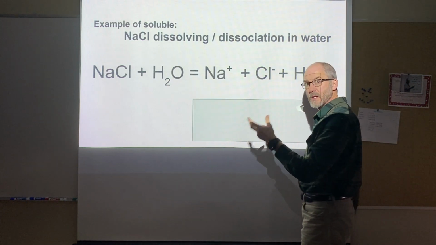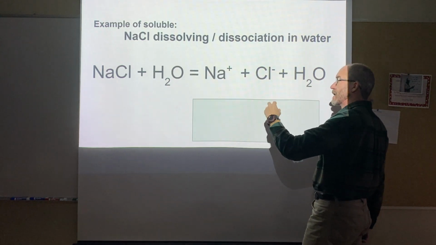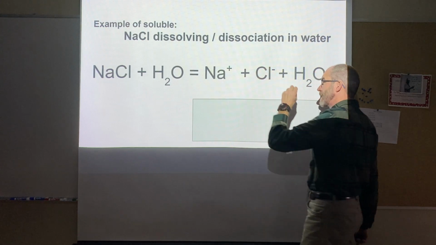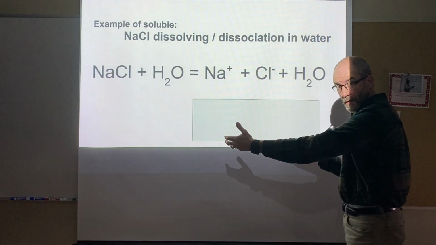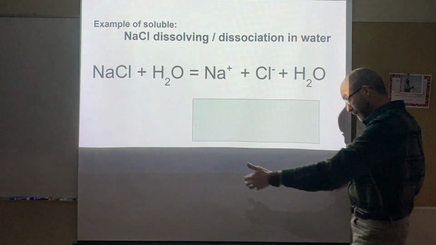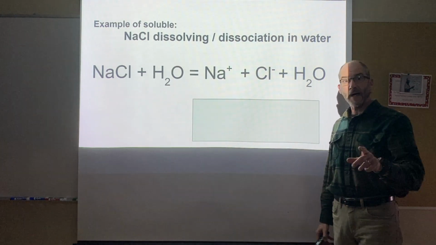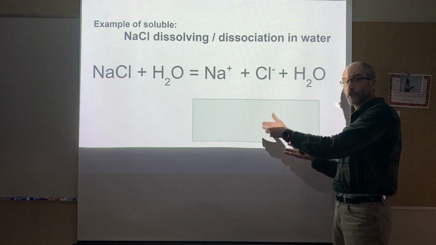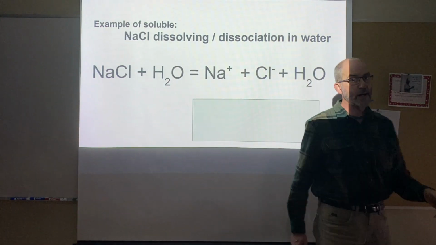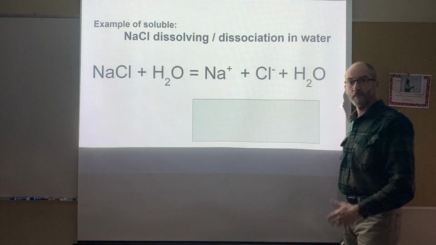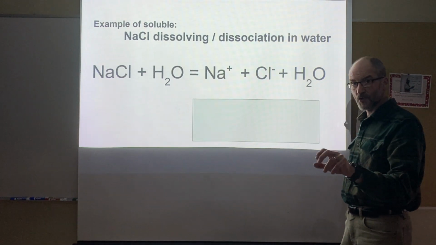It will come apart into ions, sodium ions and chloride ions. By definition then, you have an aqueous solution. So this is an aqueous solution by our working fundamental definition here in chemistry class.